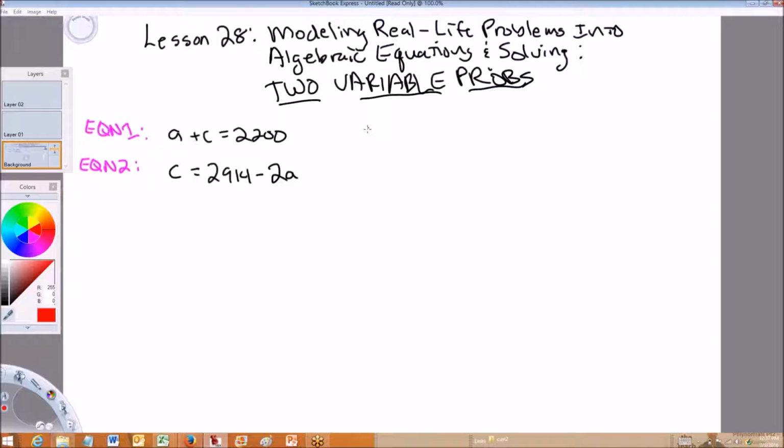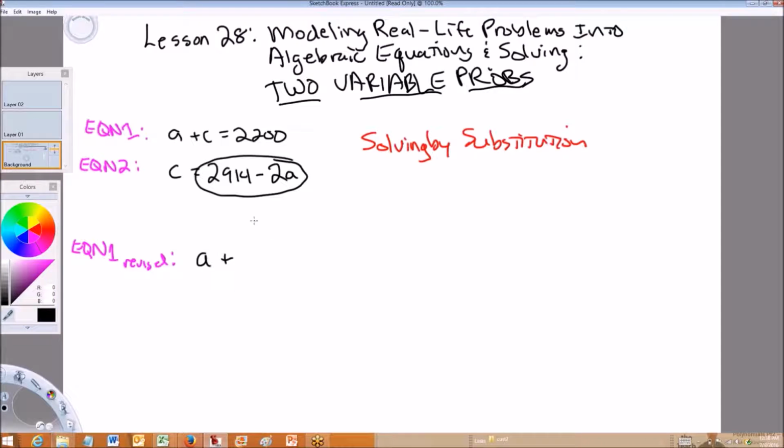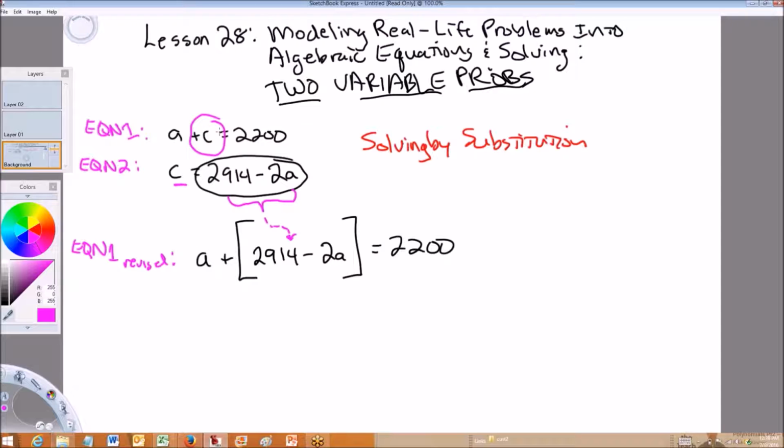And again, this method is called solving by substitution. And basically we substitute this value of C in the first equation. Note that this value of C came down into the first equation.